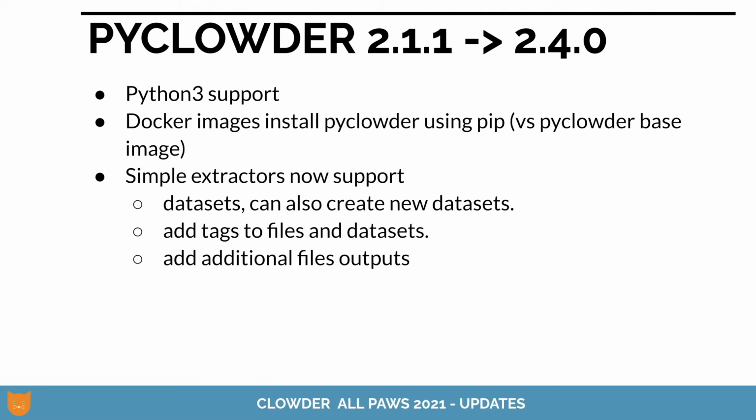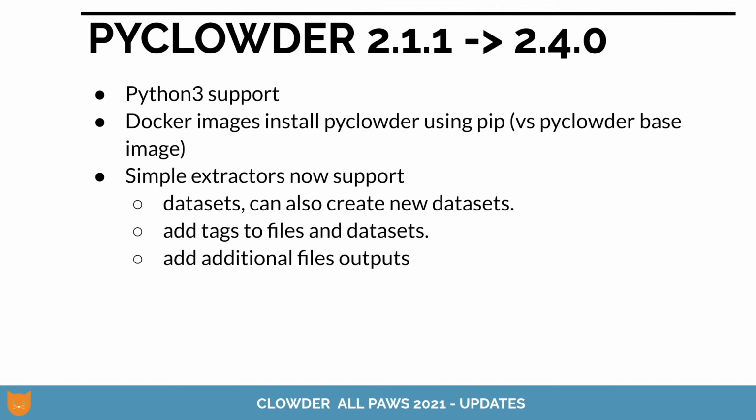So PyClowder, as most of you probably know, as we have mentioned already, is the easiest way to develop information extractors. And we keep doing a lot of work on it, and we've had several releases since the last time we saw each other. Some of the highlights are we now have full Python 3 support.